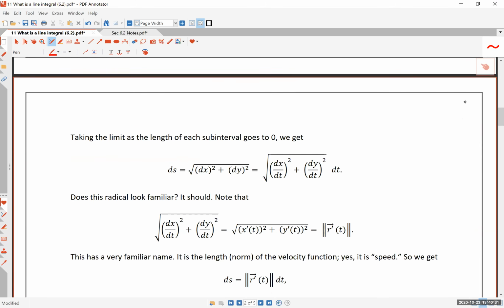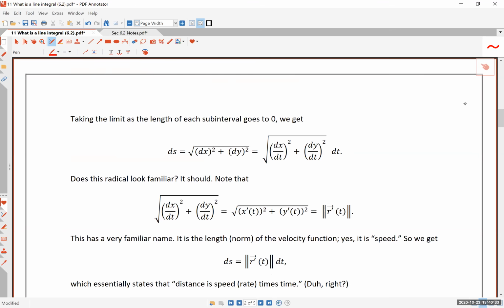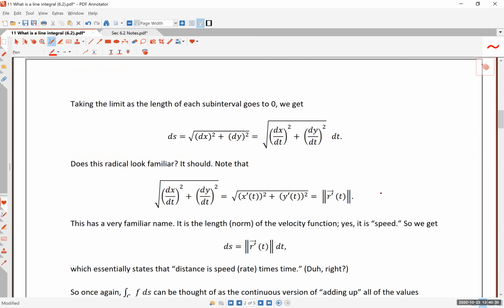And then I will be talking about what ds is, which is something you've just seen. By the way, I wrote this before: ds is equal to the speed times dt. That's how you convert ds into an expression using dt. Just focus your attention on this for a minute. This is the distance traveled, and it says distance is rate times time.